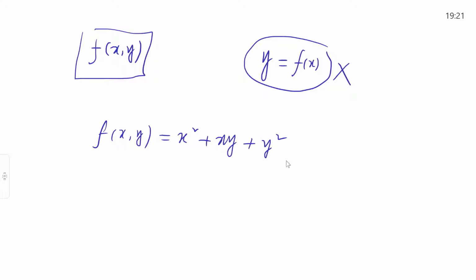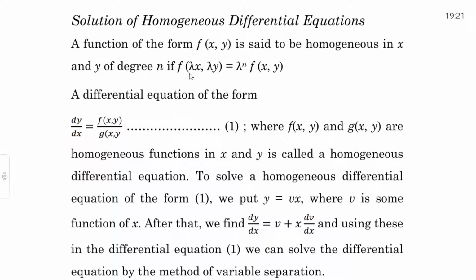These types of functions may be homogeneous, but one condition must be satisfied. A function f of x y may be homogeneous if it satisfies this relation: f of lambda x, lambda y is equal to lambda to the power n into f of x y, where this n is called the degree of the homogeneous function.